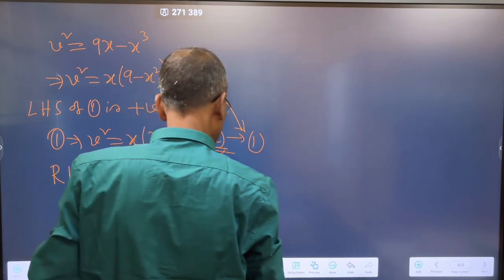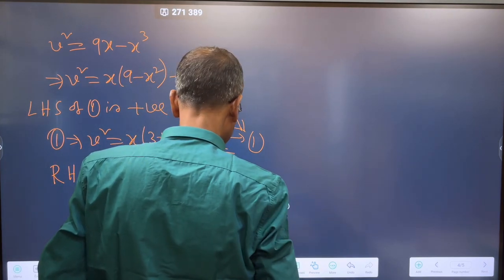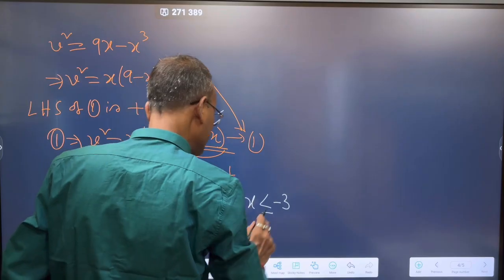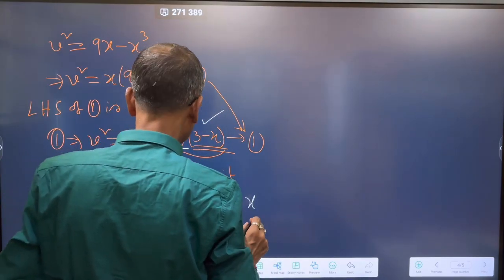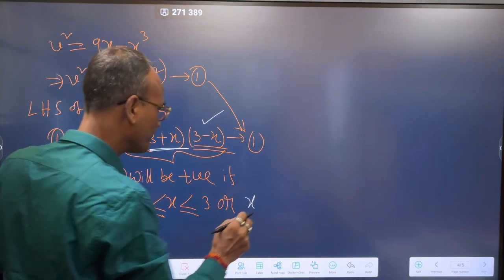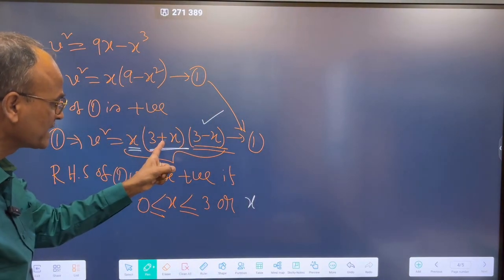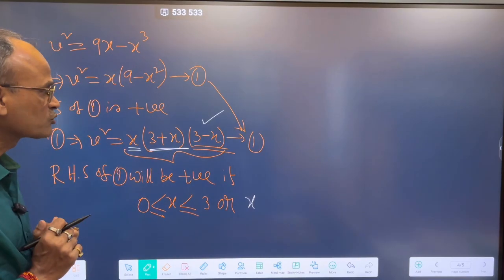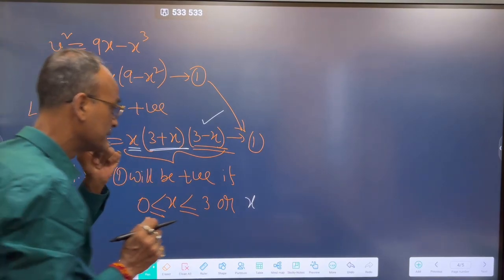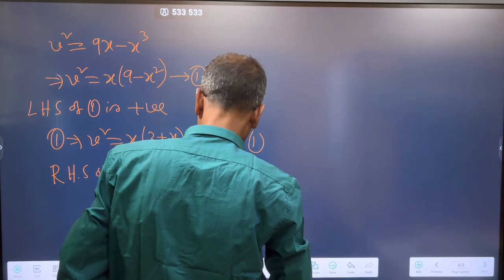But if you put -4, then this will be positive, this will be negative, this will be negative, and the product will be positive. Therefore, x should be less than or equal to -3.